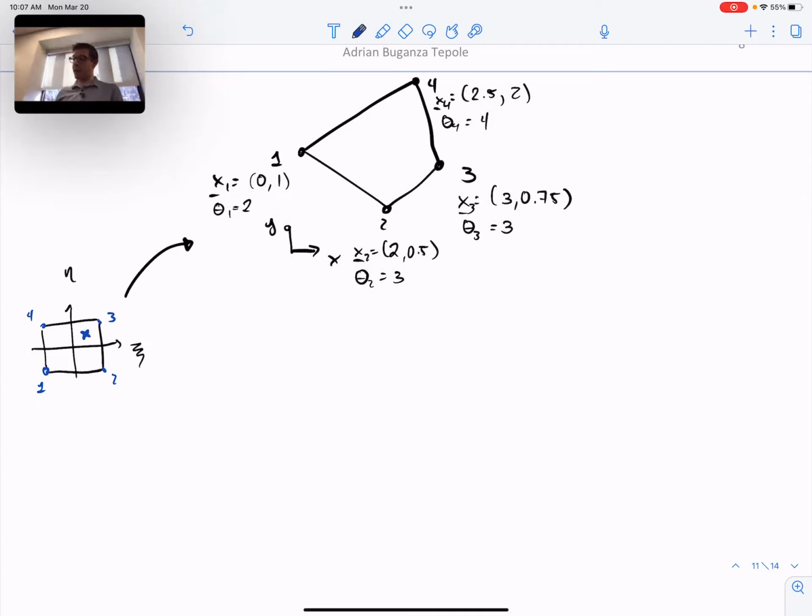So for some point here, we need to evaluate both the X, so that's the geometry map. What this will tell us is the XY coordinates of that point. It will be somewhere here. And then we can also evaluate the theta at that point. So evaluate the isoparametric map and the function.